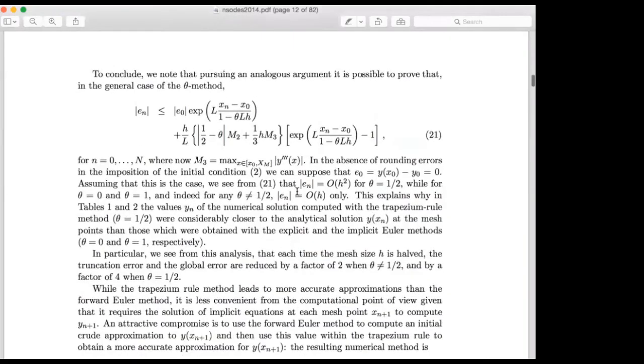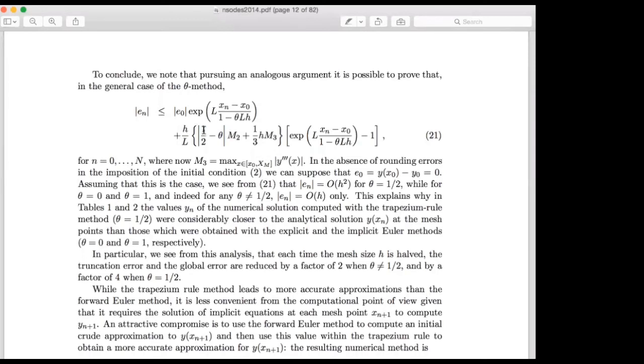Now look at the second. We are putting θ equal to 0. So once we put θ equal to 0 here, 1 by 2. Here we have 1 by 2 m2. Am I right? You multiply this inside.